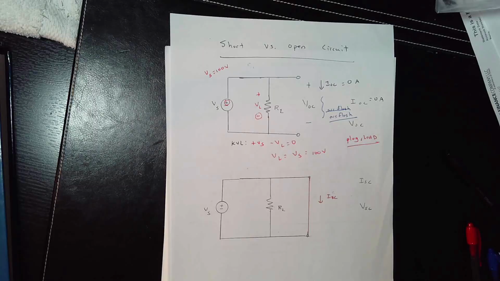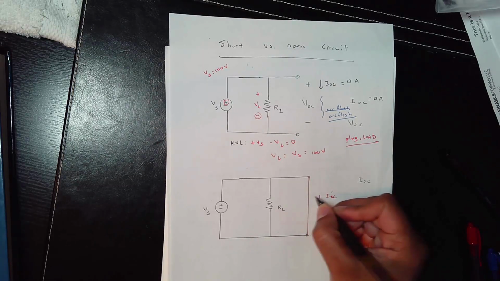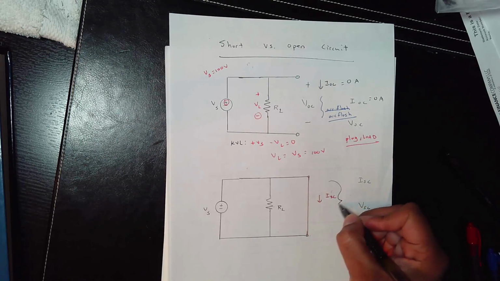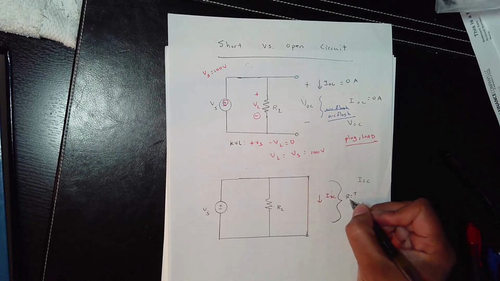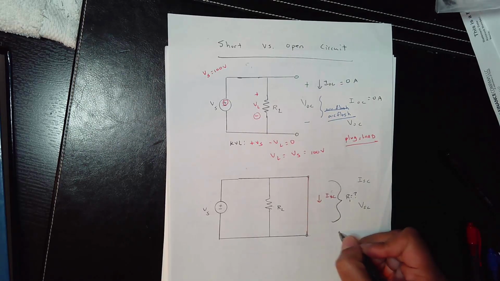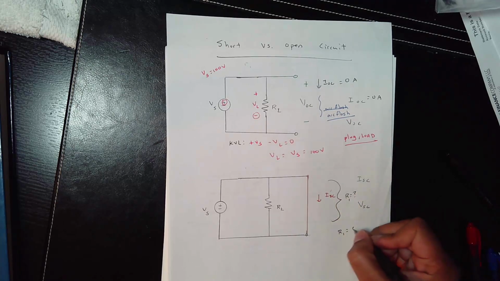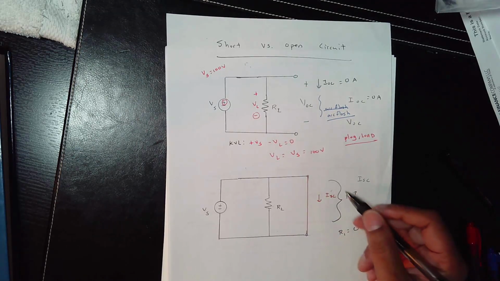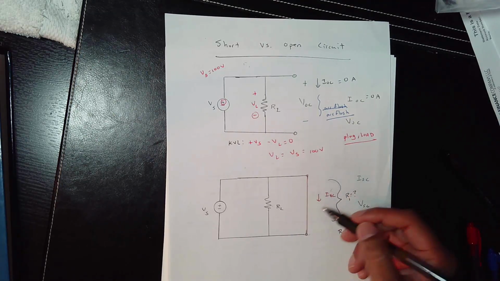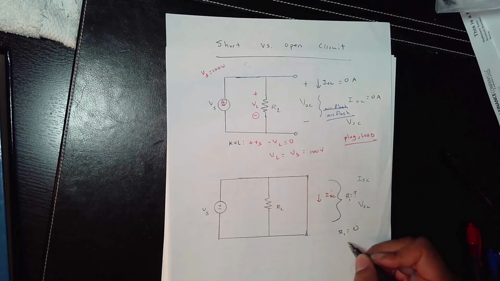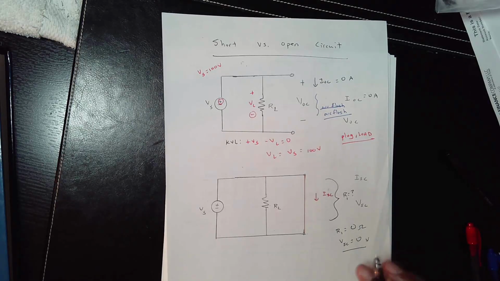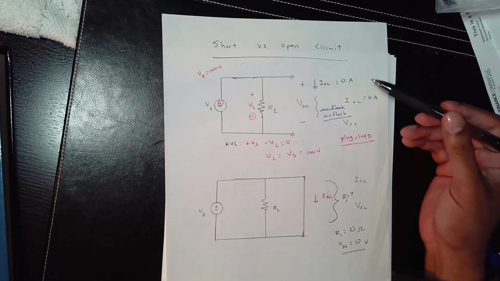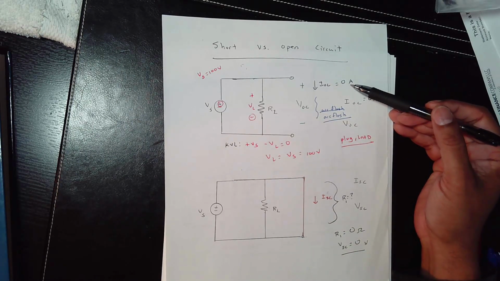So if you study the voltage across here, what is the resistance here? We're going to call this R1. So R1 on a short circuit has to be 0, right? So if R1 is 0 and there's no resistance, then the voltage obviously has to be, on the short circuit, always 0. So the voltage of a short circuit is always 0. Okay, the current on an open circuit is always 0.